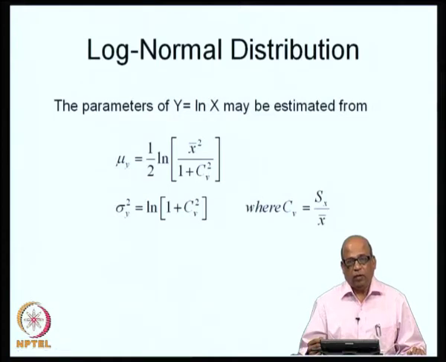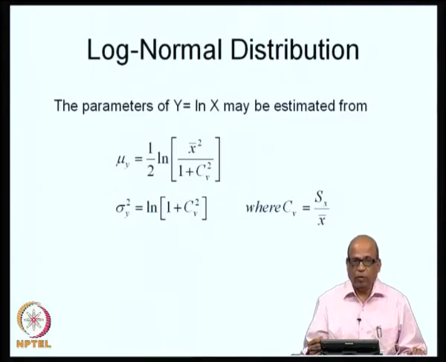In applications, another way of doing this is, if you are given a sample on x, let us say stream flows at a particular location, as we did just now. For the last 50 years, monthly values of stream flows are available, which means 50 into 12, 600 values are available, and you want to approximate this with a log normal distribution.